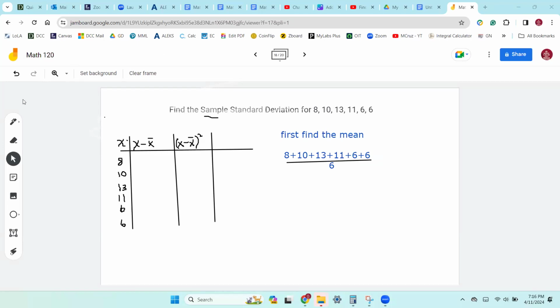Has anybody figured that out yet? Otherwise, I got to jump on the calculator.